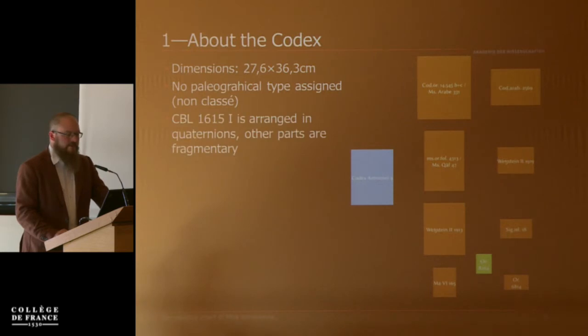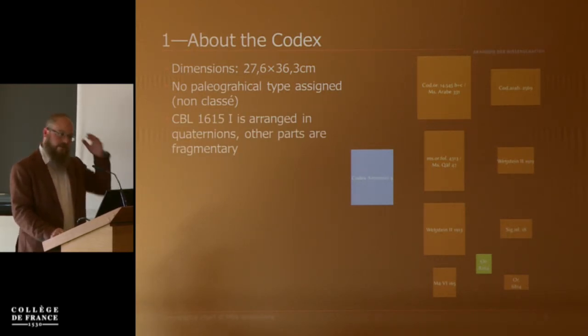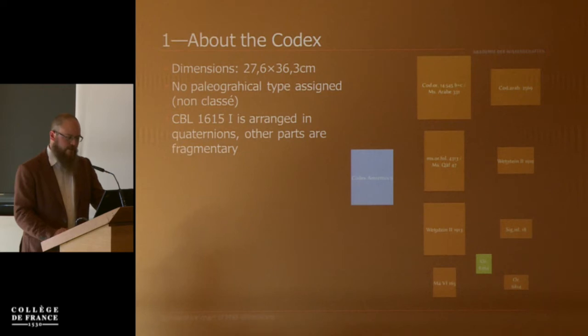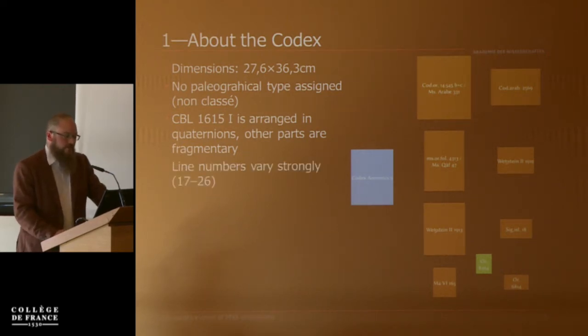As I mentioned, it's arranged in quaternions. The other parts are fragmentary, but as you have seen, there is one where you have a bifolium, which was the outer folio of a quaternion. The line numbers vary very strongly overall between 17 and 26.